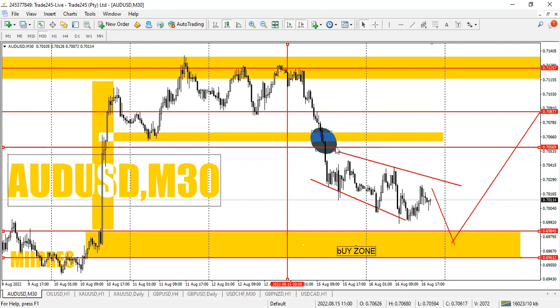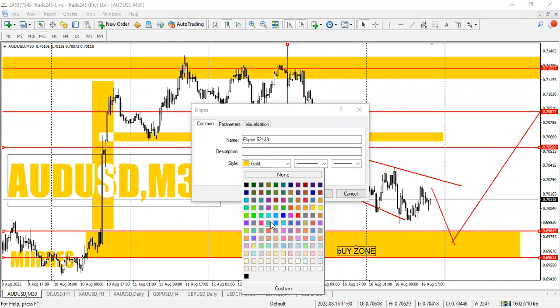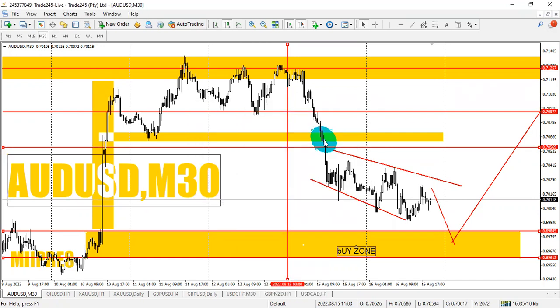Let's just change properties. Yeah, that candle over there.